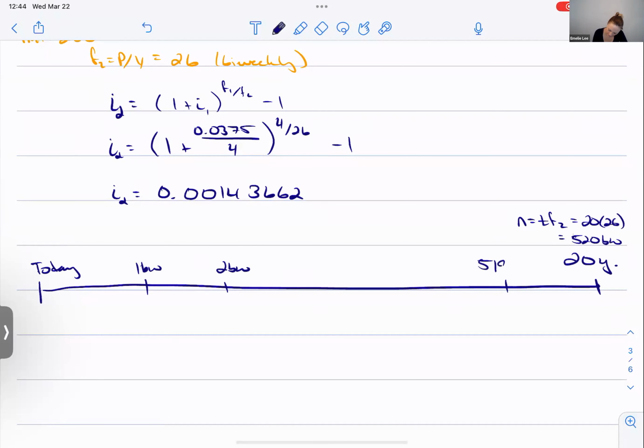Making this 519 biweekly, to indicate that it just stays the same. There's nothing fancy going on here. But at the end of each biweekly period, they're going to make payments of 300 for 20 years.